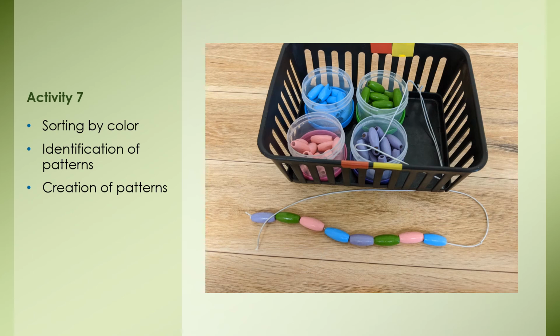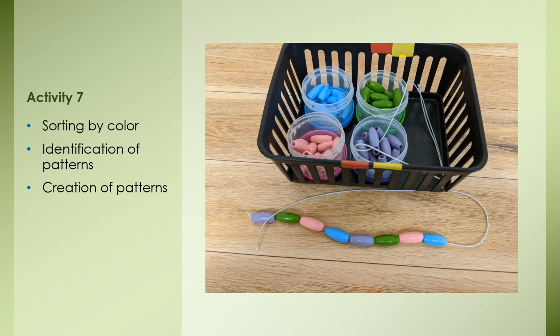This activity is also for pattern. The kid can, for example, create a necklace, putting the colors according to their pattern. You can start for them, or you can let them do it. Most kids do it by themselves and create their own pattern, which is really nice, and they concentrate to do it, so it practices concentration because they need to put each piece in the right place.